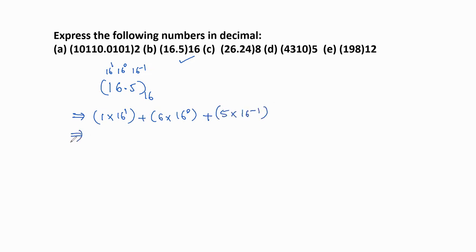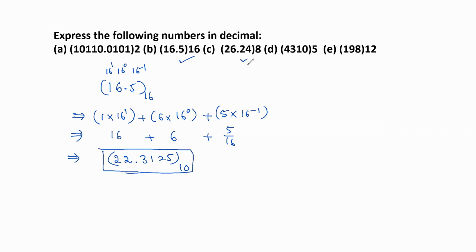Now simplify and we get the decimal value. This is 16 plus 6, since 16 power 0 is 1, so 6 into 1 is 6, and this is 5 by 16. Its equivalent value, the answer, is 22.3125 with the base 10. This is our answer for the second part.